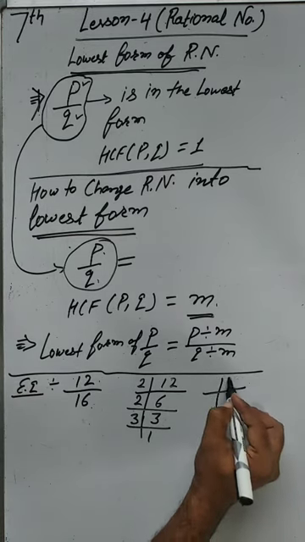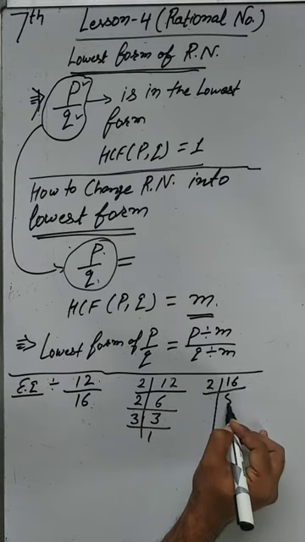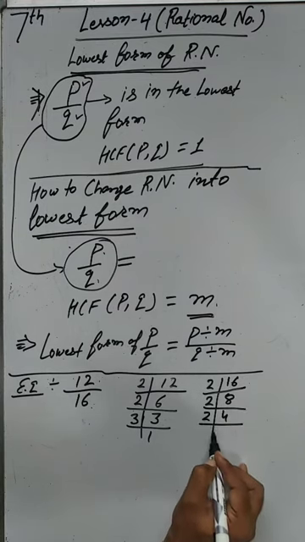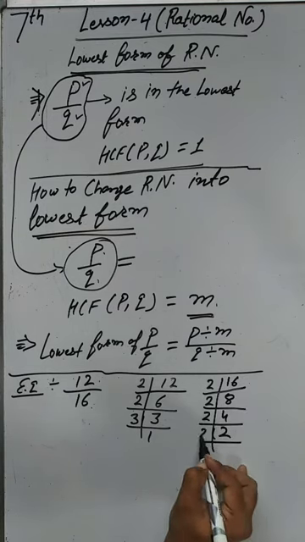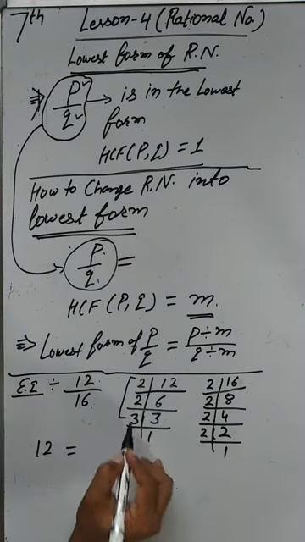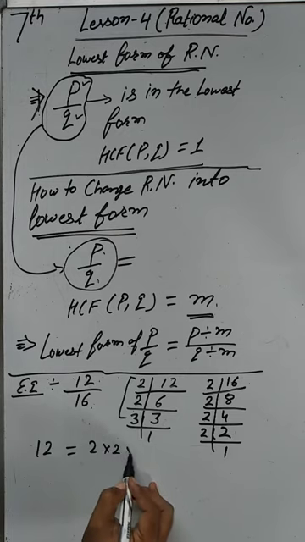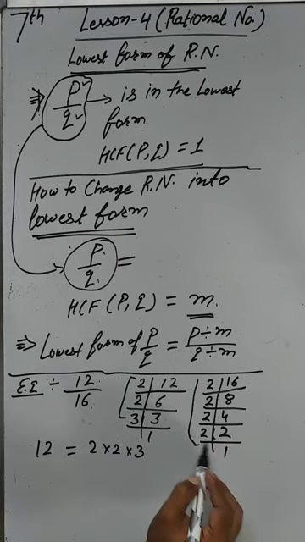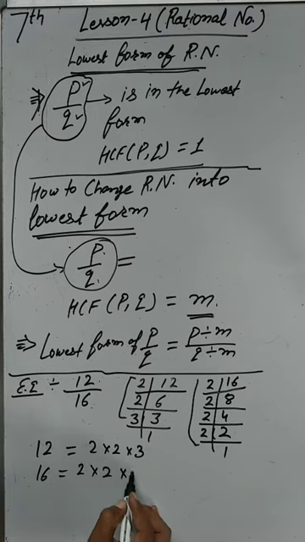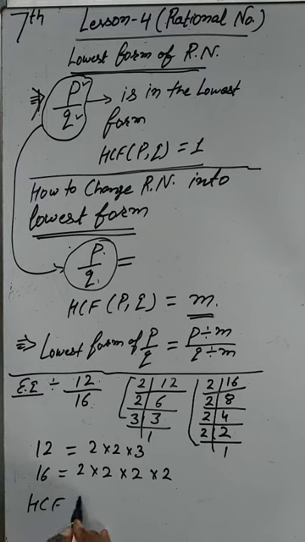And 16: 2, 8, 2, 4, 2, 2 and 1. Now 12 is written as 2 multiply 2 multiply 3 and 16 is written as 2 multiply 2 multiply 2 multiply 2. Now beta, what is HCF? Highest common factor.